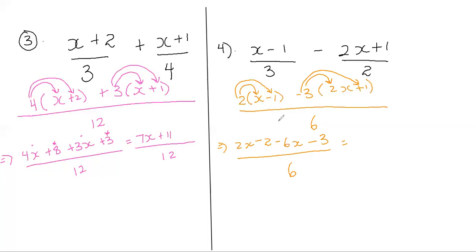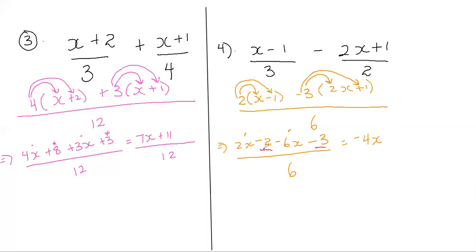Okay, so now we're going to simplify. So we have positive 2x take away 6x. You can use your calculator if you're not sure. Positive 2 take away 6 is negative 4, so negative 4x. And now we're going to do the number part. Let me just change the color so you can see that a little better. So the number part is this here and this here.